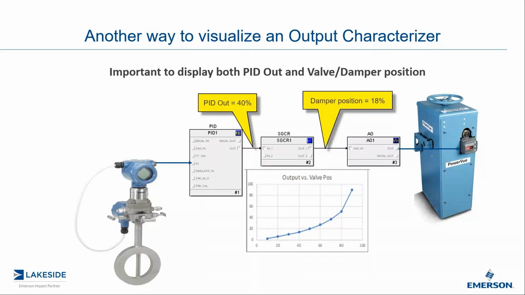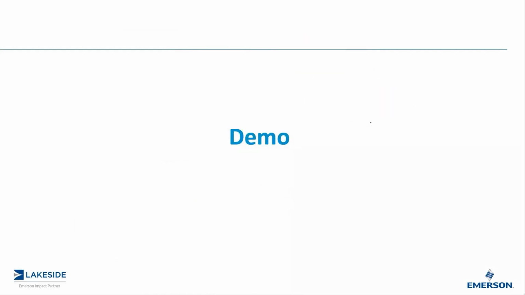In this example, you can see a 40% PID output right there yields an actual output of 18%. The operator needs to know where the actual final actuator is. So it's very, very important that you put both those values there, so the operator will know exactly where that valve position is. So we're going to do an example here.